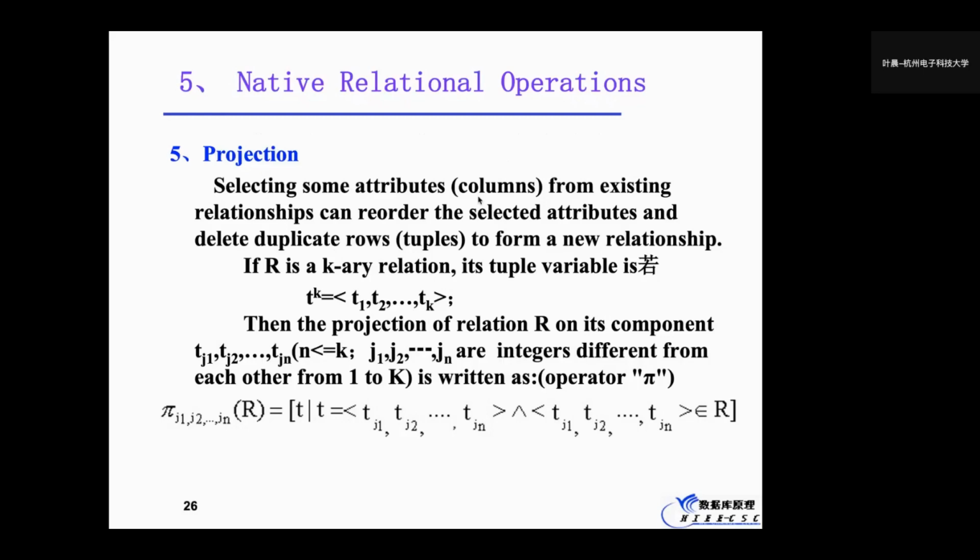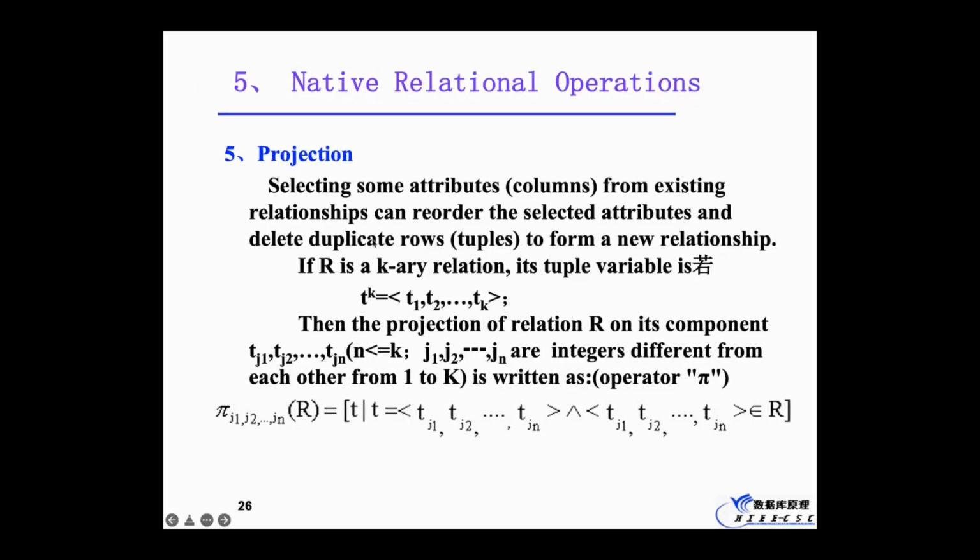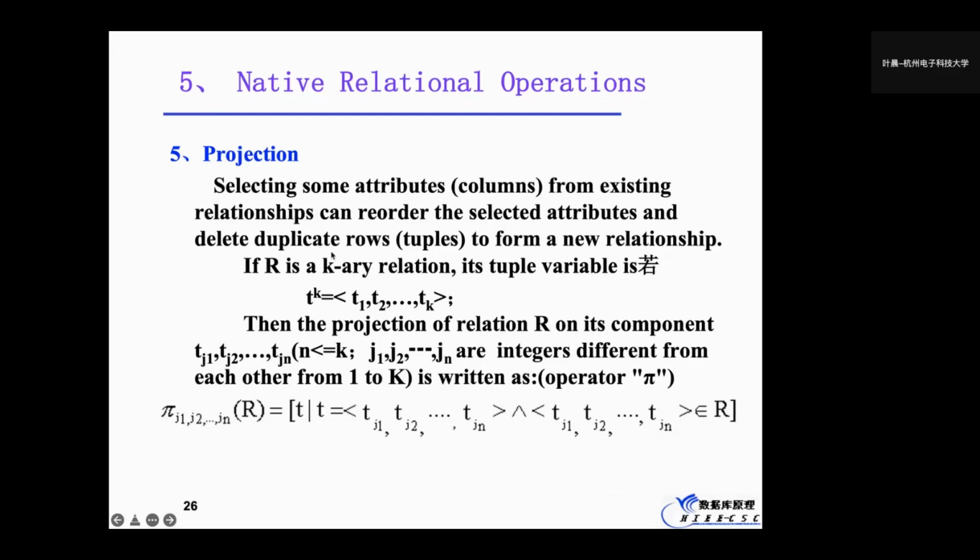So if R is a k-ary relation, its tuple variable is like this. And then the projection of relation R on its components, where these are integers different from each other from 1 to k, we write like this.